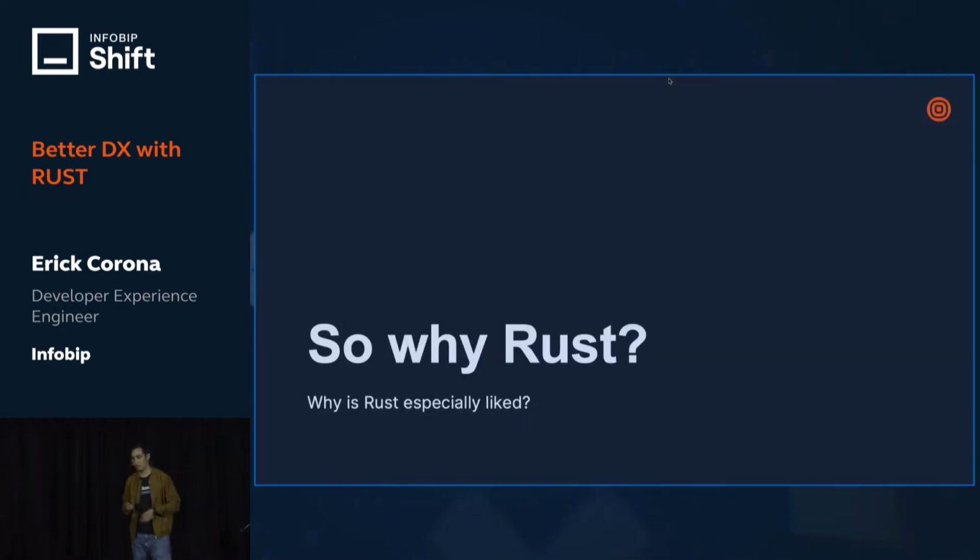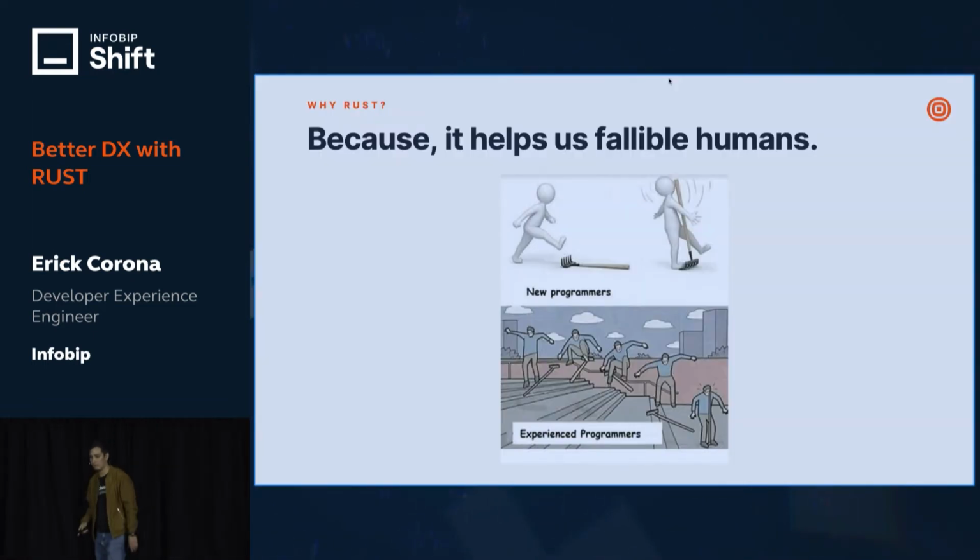So why Rust then? Why is Rust especially liked by the industry and by the community? Because it helps us fallible humans. We make a lot of mistakes when we are new programmers, and as the years go by, we just make a lot of mistakes, but much more complex ones. So we need more help from our tools.